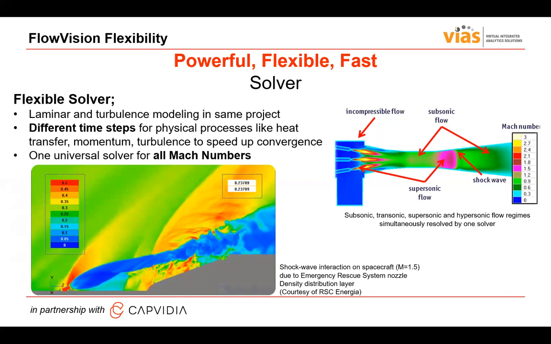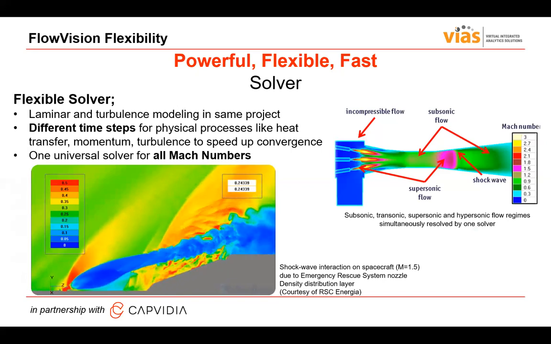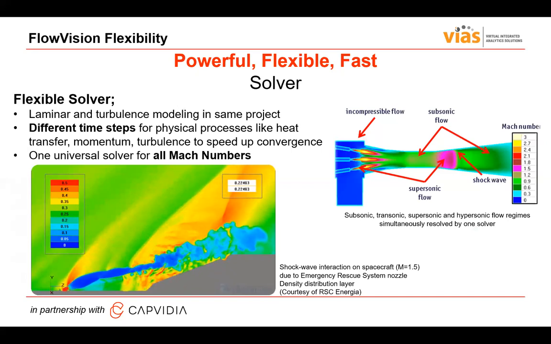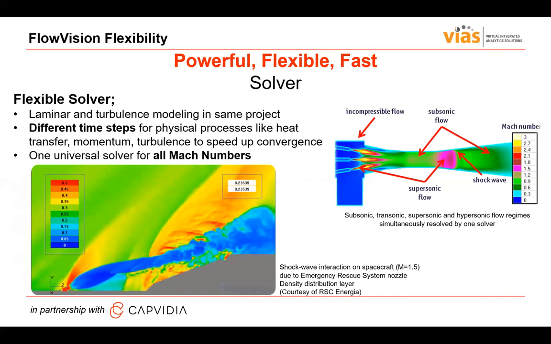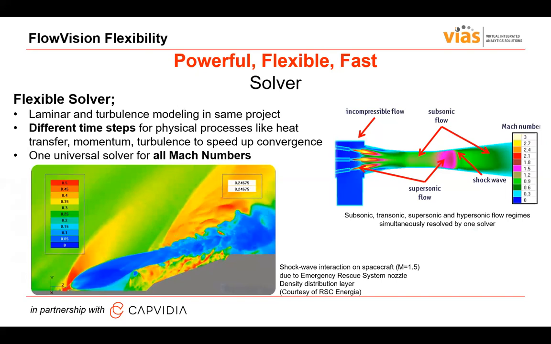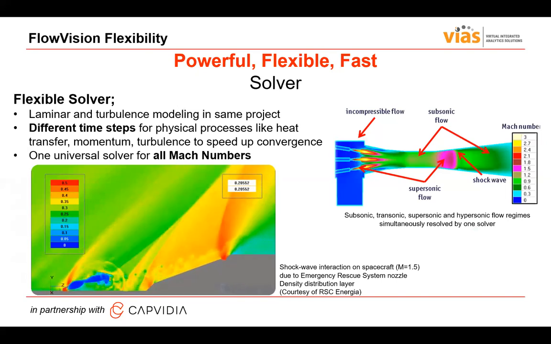Assume in a simulation you have different orders of magnitude of time scales for momentum and heat transfer, which is very likely to be observed. In such cases, you can still continue resolving the momentum with very small time steps, and you can just get back to heat transfer at some intervals, which means that you are using a larger time step just for heat transfer equations.